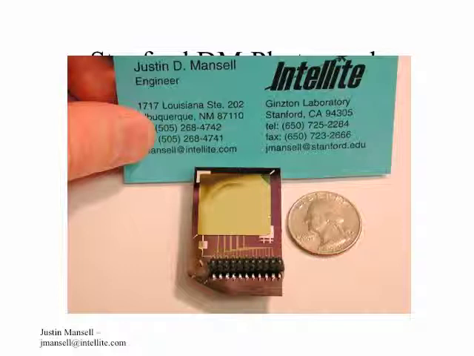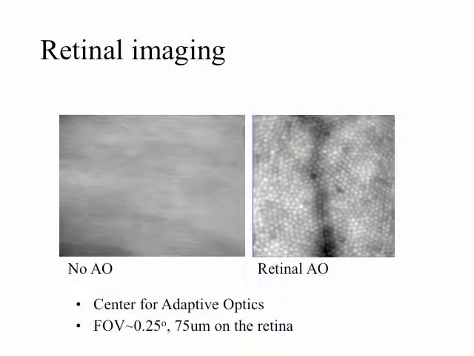And adaptive optics are employed in a very limited clinical sense in ophthalmology too. This is just an example of an image of a retina on the left done with conventional lenses, and on the right, by employing adaptive optics, we can image down to individual retinal cells. We're looking down on the retina here as if it were some beautiful little sunflower. Adaptive optics have a clinical role, but a very limited clinical role now.